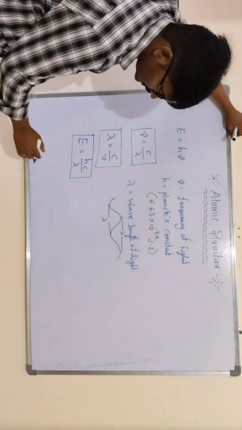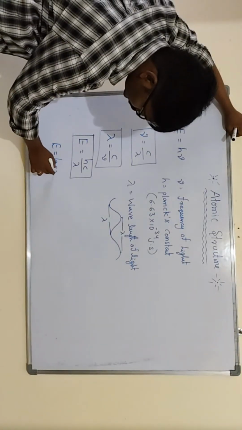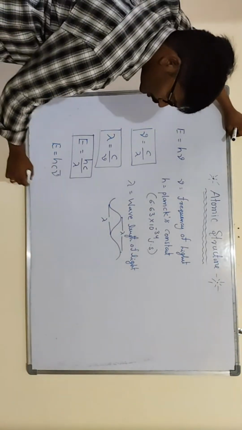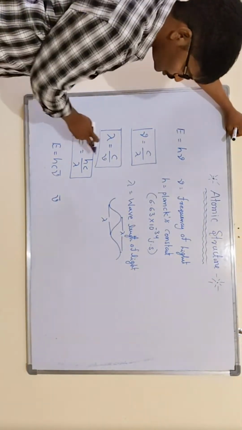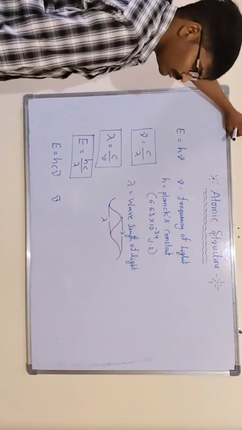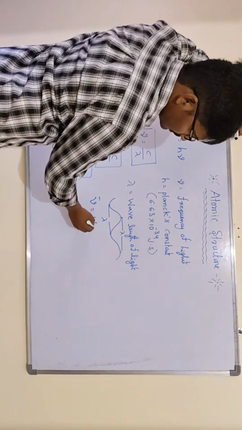Here one more, that is E equals h c nu bar also you can take. Nu bar is nothing but wave number. Nu is frequency, nu bar is wave number.